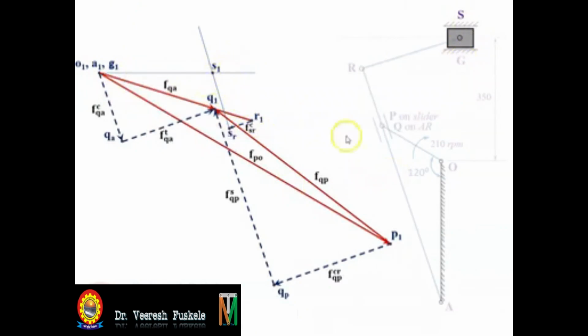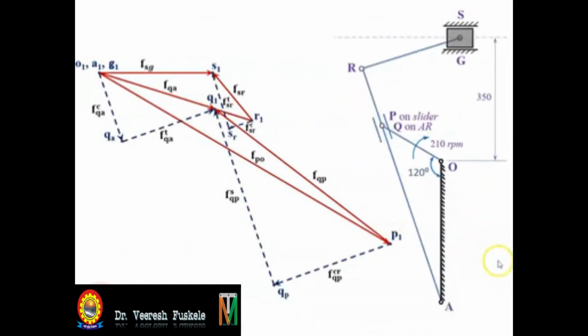The intersection of the two lines will give us point S1. So by this we will get the tangential component of SR, and the acceleration of the slider plus the acceleration of S relative to R. So this is how you draw the acceleration diagram of the crank and slotted lever mechanism.